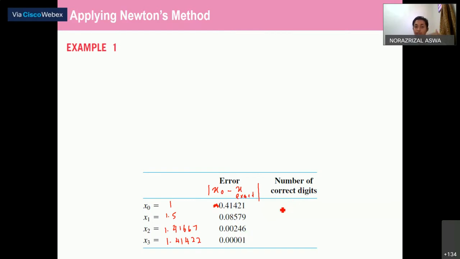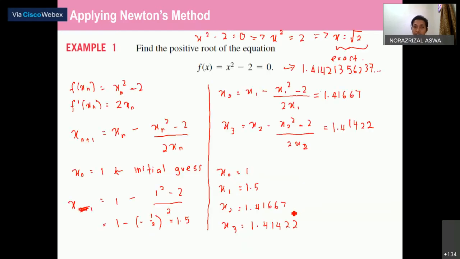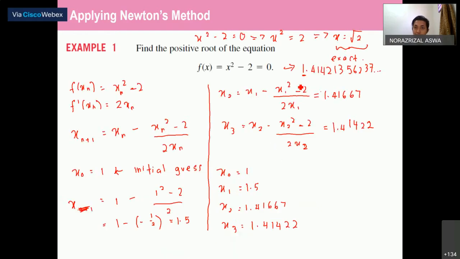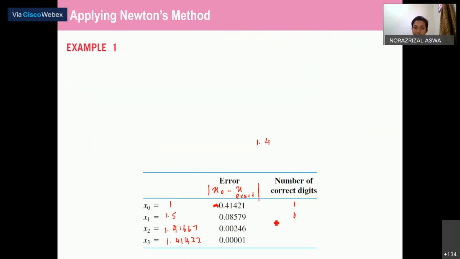So if you compare with our exact solution, for the first one, only one digit, the first digit, is correct. And then the second one also has one correct digit, because our exact value is 1.41421356, so 1.4.